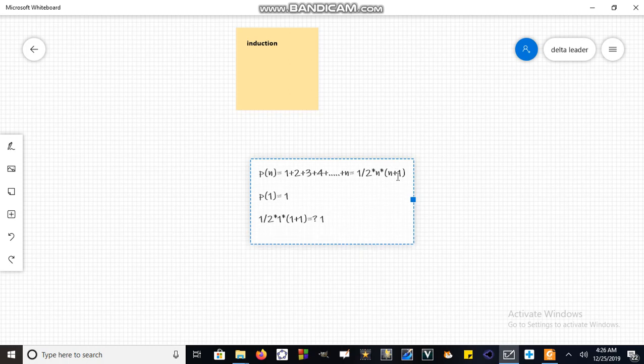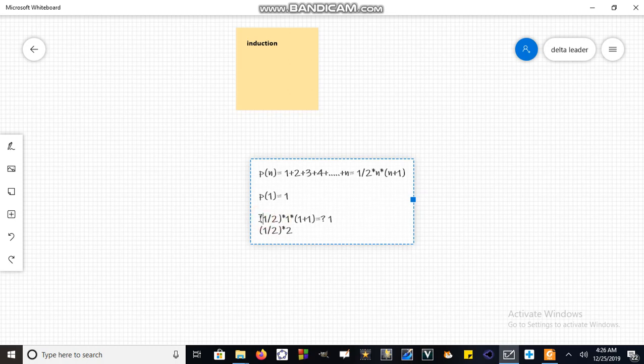So basically what you have here is a half times 1 multiplied by 1 plus 1. 1 plus 1 is 2, so 1 multiplied by 1 plus 1 is still 2. So we have a half multiplied by 2.